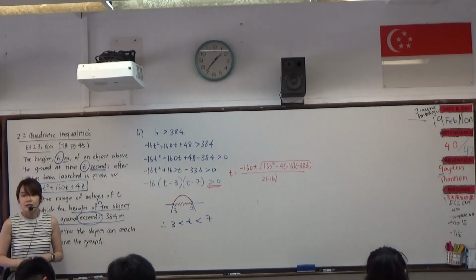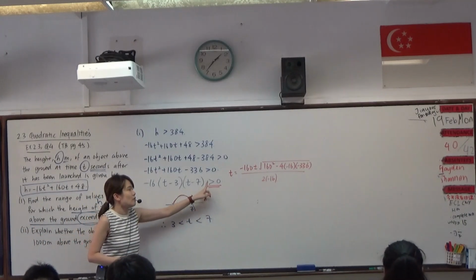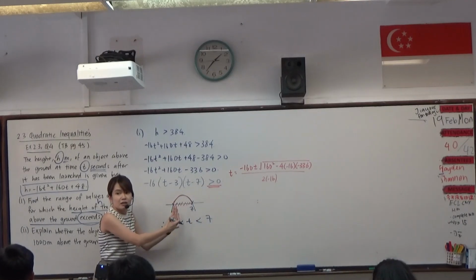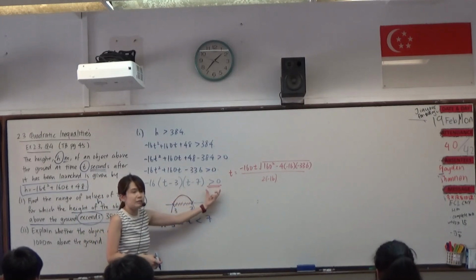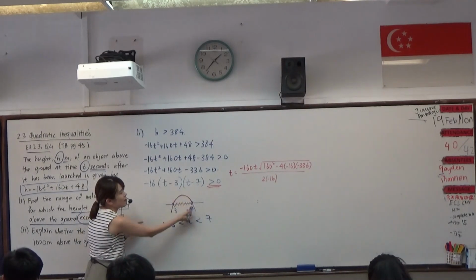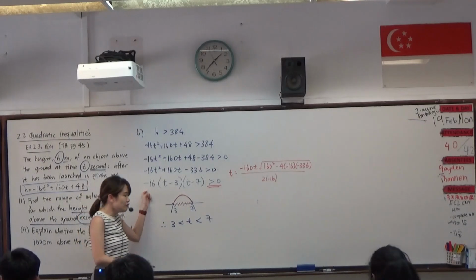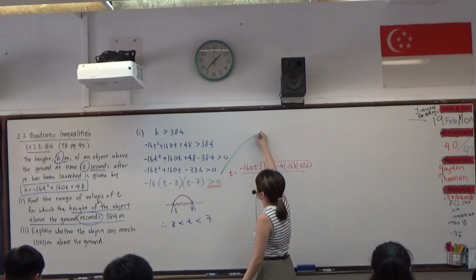So that's why you cannot memorize that more than means it's outside, less than is inside. It's about your understanding of your graph, because more than 0 means that we're looking at the graph being above the x-axis. If you want to remove the negative, you can, but there's something that you must do.